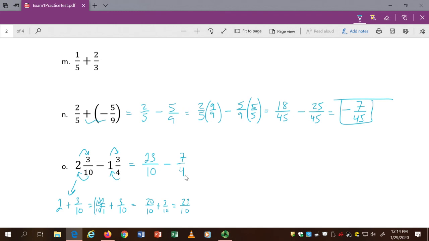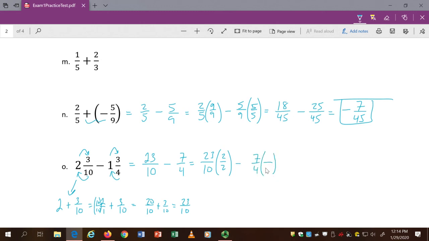Now, it just makes it more complicated. I'll show it to you in a sec. So first I'll do it bringing them up to 20. So 23 over 10, that's going to need a 2 over 2 to bring it up to 20ths, right? Because 10 needs a 2 to bring it up. You're trying to figure out, I've got a 10 right there. I want to bring it up to 20ths. So what do I need to multiply that 10 by to get it up to 20ths? It's got to be 2. But if you do it on the bottom, you got to do it on the top. That's why we do the same number bottom and top. And then what about this one?